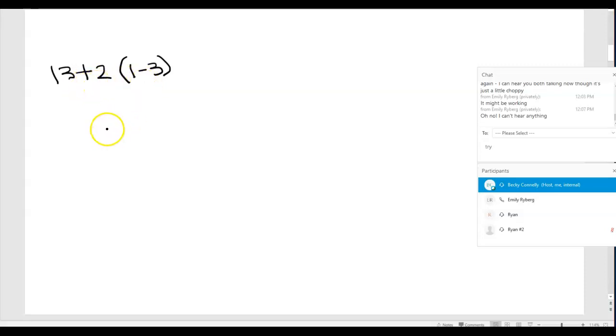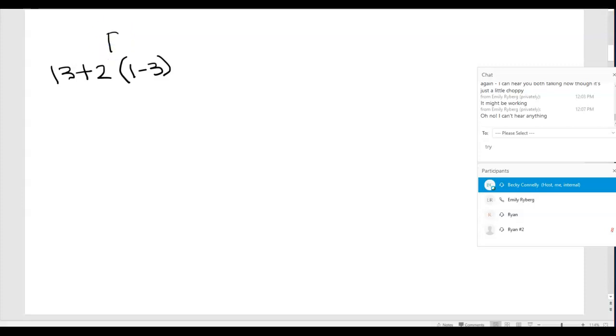All right, what should we do first on this one? Yeah, and you could do that because that would be using the distributive property. But making it even faster, you could do what's inside the parentheses first, right?